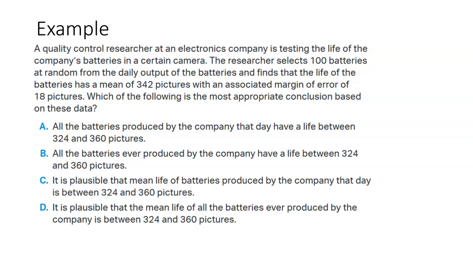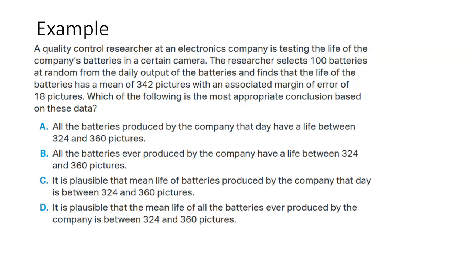Whew, it's a lot. Let's take it step by step. And it's a good idea that you may have to read through these answer options a couple times to figure out and eliminate ones that don't make sense. Okay? And now, let's read this first. A quality control researcher at an electronics company is testing the life of a company's batteries in a certain camera. Okay, so they're testing battery life.